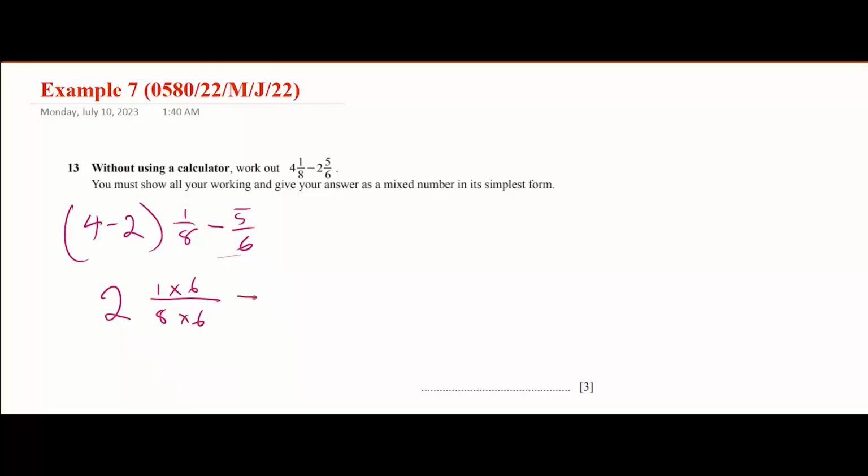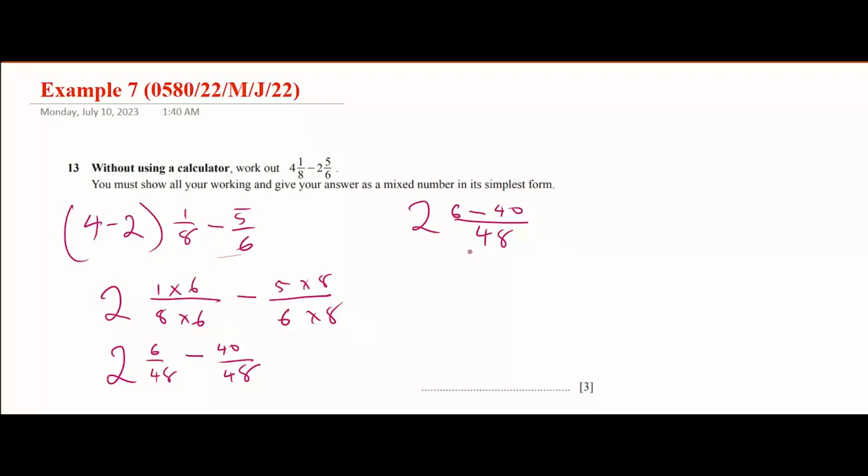Then subtract 5 out of 6, then by 8 by 8. So if we do this, this will give us 2 whole, then 6 out of 48, then subtract 5 times 8, that will be 40 out of 48. Okay, so we can now subtract the numerators directly. So that will be 2 whole, then 6 subtract 40 out of 48.